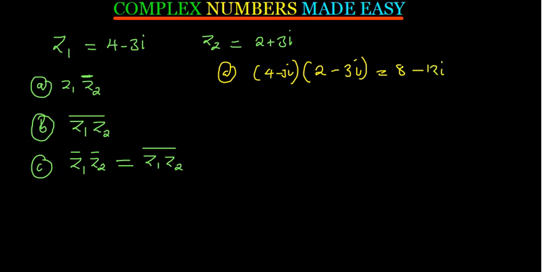Then negative 3i times 2 is negative 6i. Negative 3i times negative 3i will be positive 9, and then the i is going to be squared, because we have i's. Now we know that i squared is negative 1, so that will become negative 9. So we have 8 minus 9, minus 12i minus 6i. What we are doing is expressing in the form a plus ib.